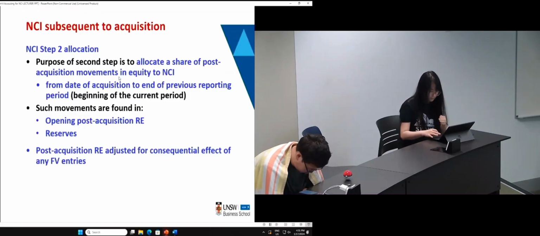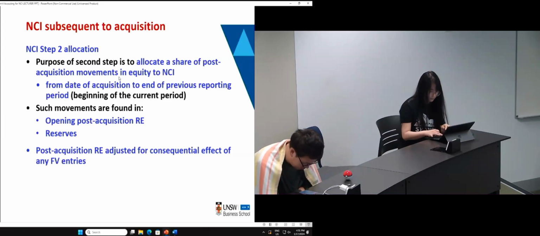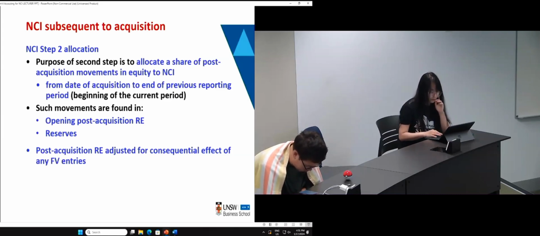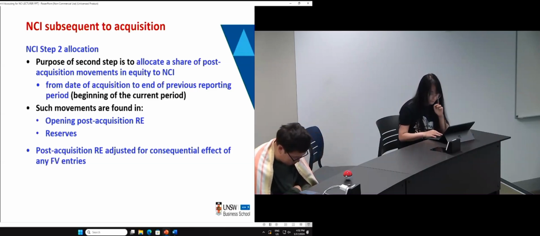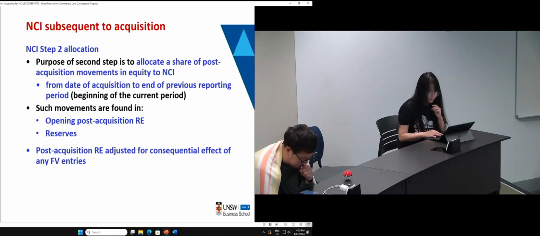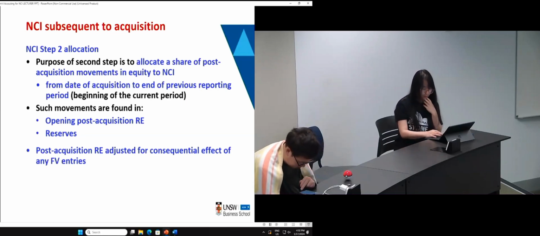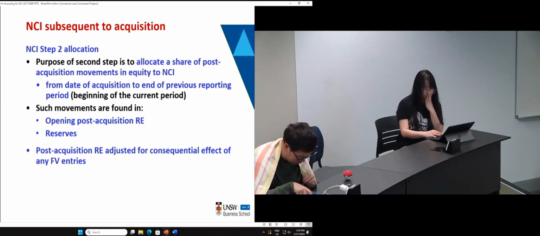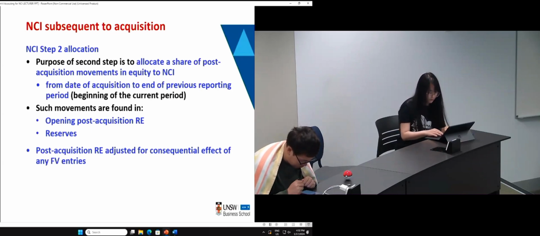All right, now let's continue our discussion of NCI subsequent to acquisition date. Now we're going to move on to step 2. The main purpose of this step is to identify the movement in the subsidiary's equity balance from the acquisition date to the beginning of the current year. Usually you can find such movement in retained earnings or reserve accounts, including RSC accounts.